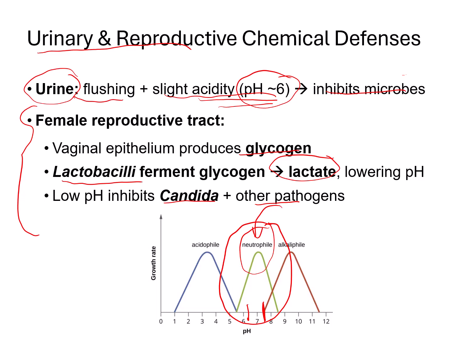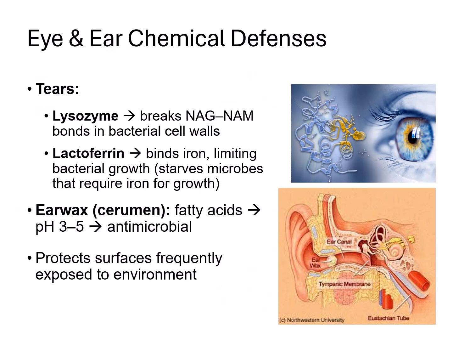Looking at the eye and ear, in our eyes we have tears, which contain lysozyme, and we saw earlier that it breaks the NAG-NAM bonds in peptidoglycan. We also have lactoferrin, which binds to iron and makes it unavailable for bacterial growth, so it essentially starves microbes that require iron to grow.